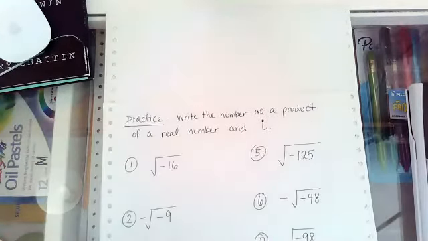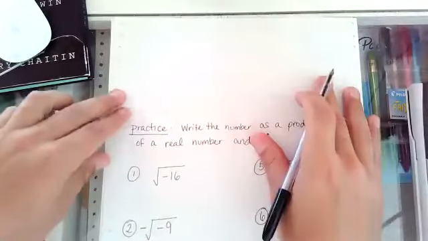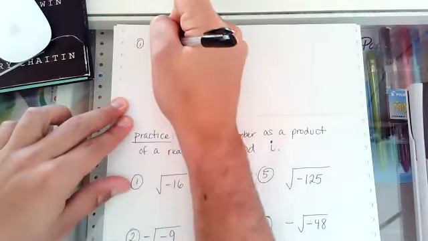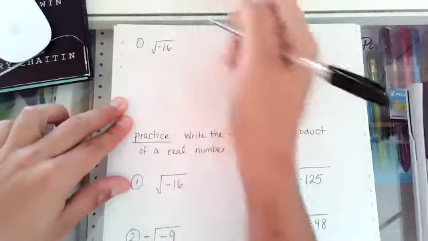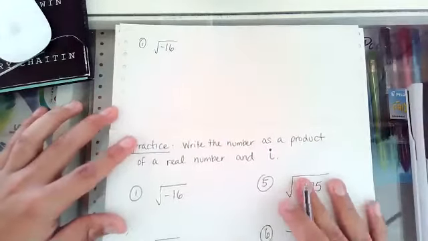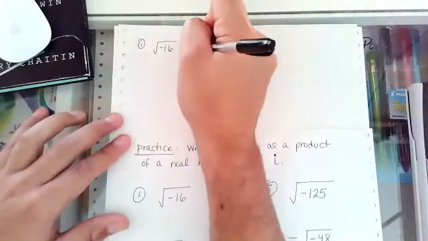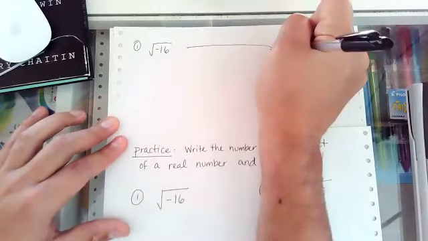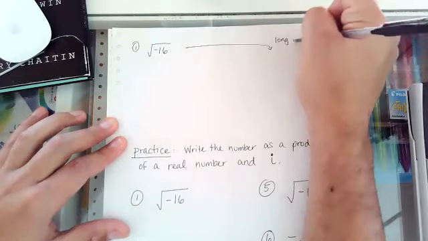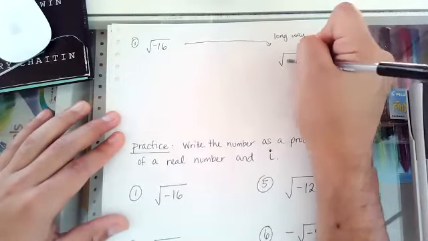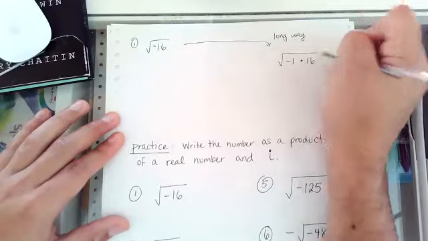So let's start with the first one, which was the square root of negative 16. Now, when I wrote this out, I separated this into, well, let me write it this way. This would be the long way. I separated this into the square root of negative 1 times 16.